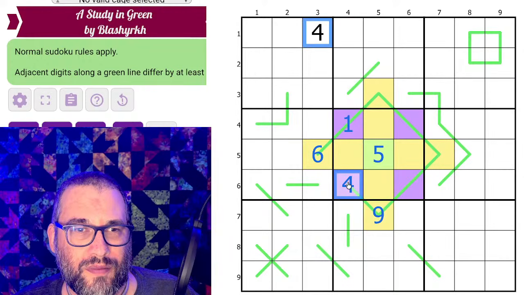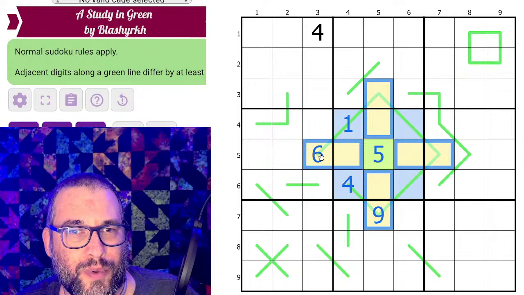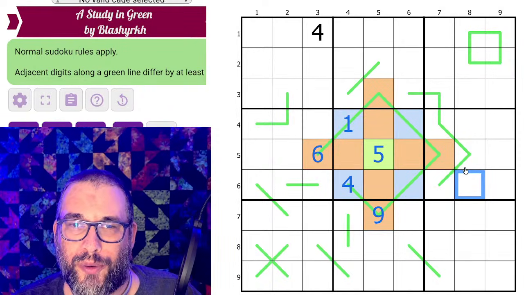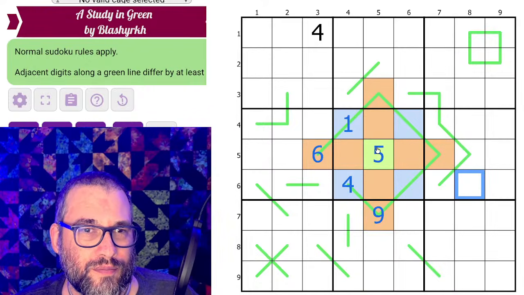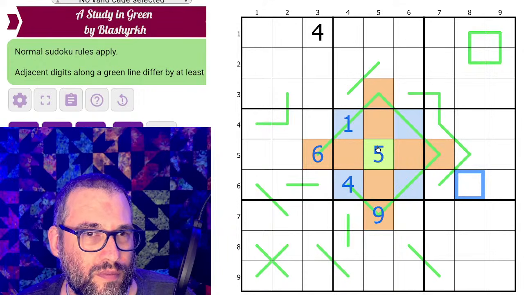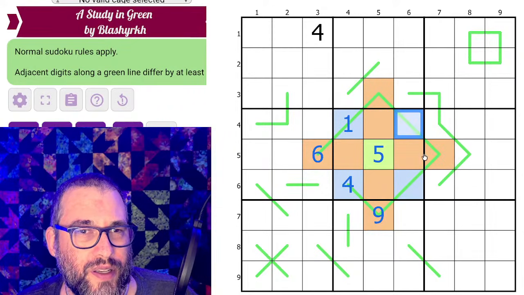I guess we can redo our high-low coloring in blue and orange. Let's see, this can't be a 7 because it would need a 1. So this is our 7, and that's a 2, and that's an 8, and that's a 3.